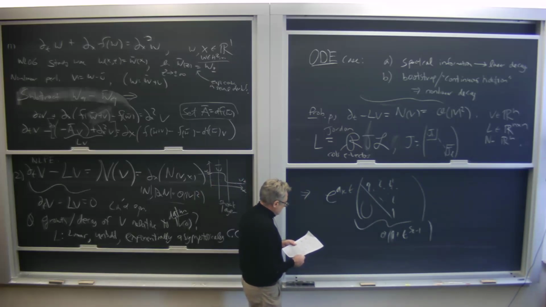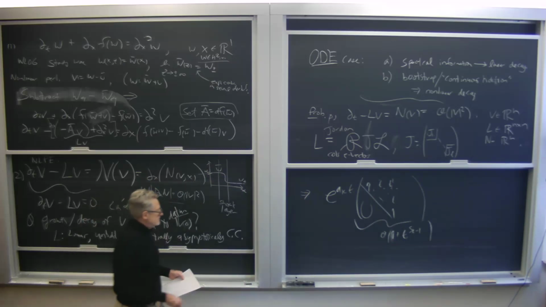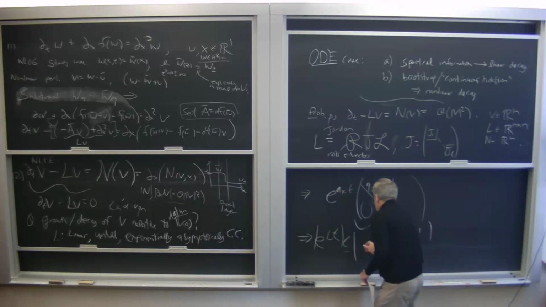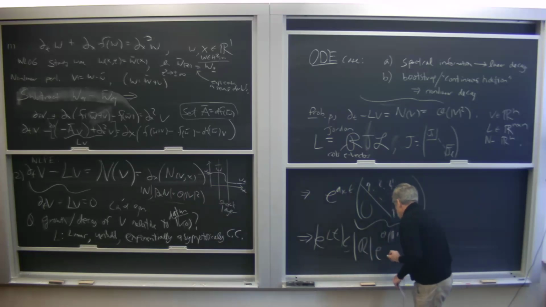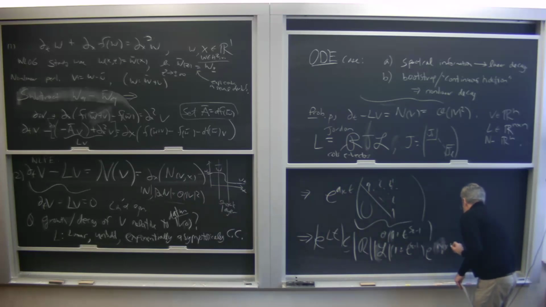Okay. So what we get is a bound on e to the Lt, less than or equal to the matrix norm of the matrix of right eigenvectors times the matrix of left eigenvectors times 1 plus t to the sₖ minus 1 times e to the max over k of real part of aₖ t.